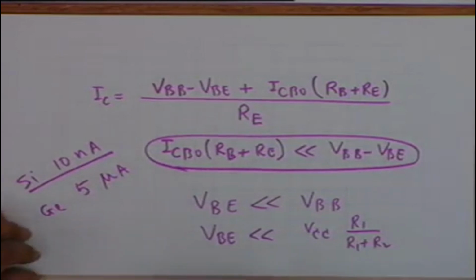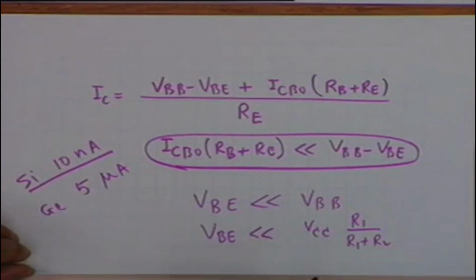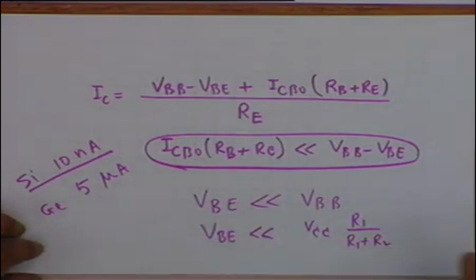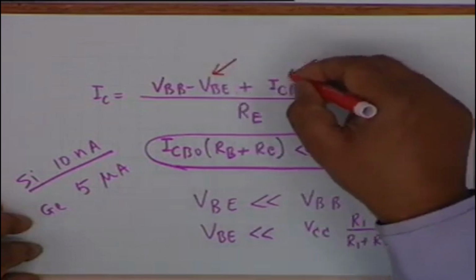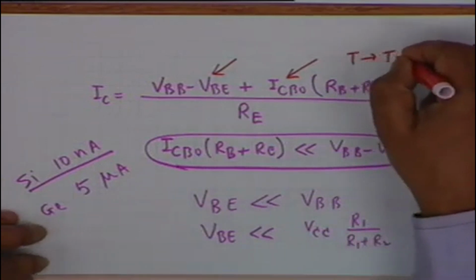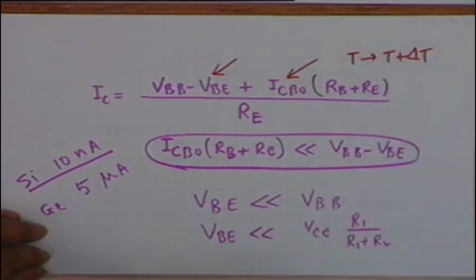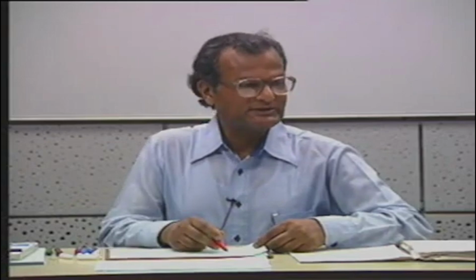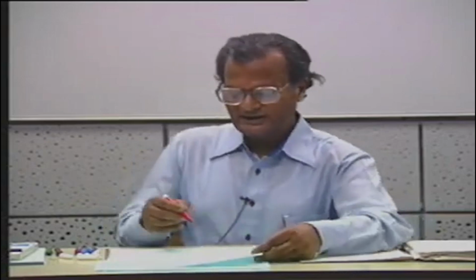As you can see, as far as temperature is concerned, in this expression we have eliminated beta, alright. In this expression the temperature dependent quantities are two, one is VBE and the other is ICBO, and therefore if temperature changes from capital T to capital T plus delta T, alright, then what would be the corresponding change in I sub C? That is, what would be delta I sub C?